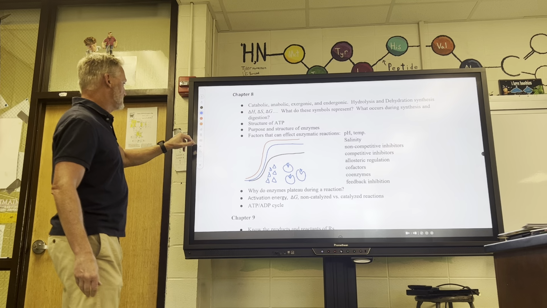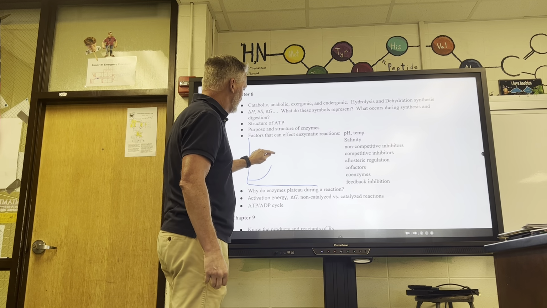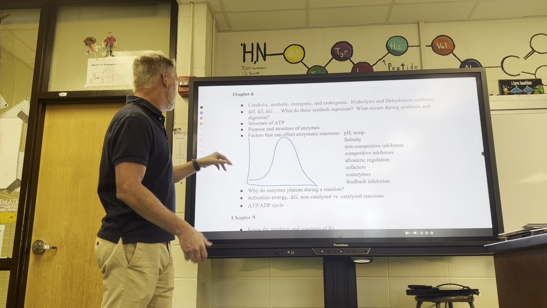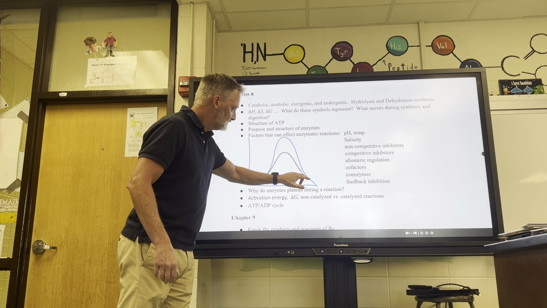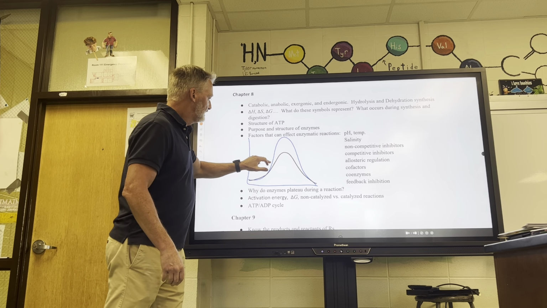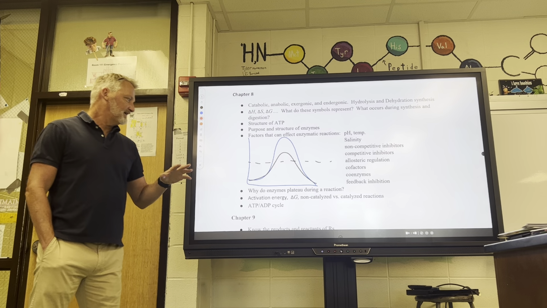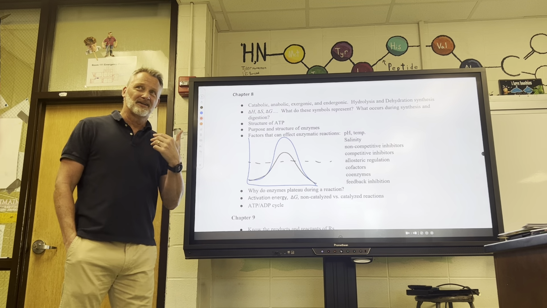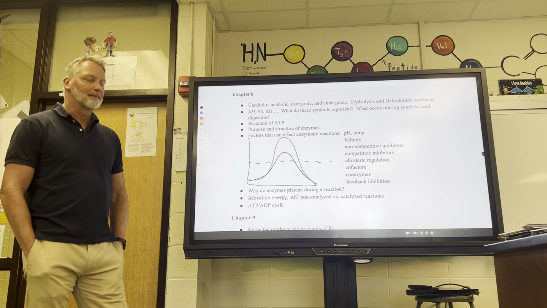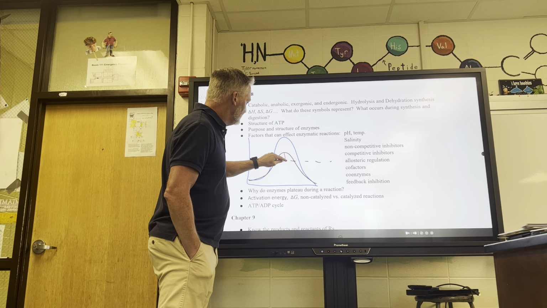Okay, next is the graph. You know you're going to have an enzyme graph, not to make, but to interpret. So let's label all this stuff. If I had to draw activation energy, where would it be? Here's one.